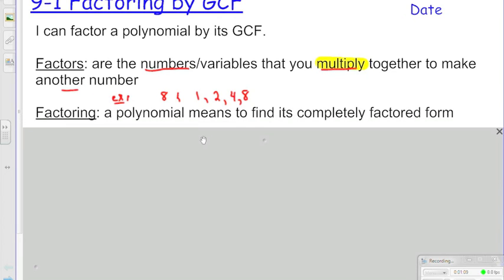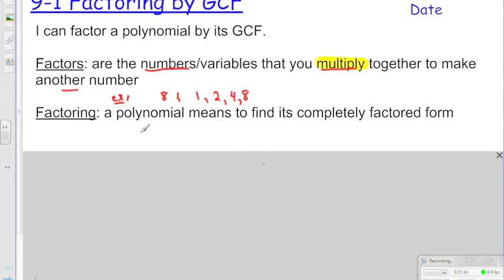Now factoring is when we factor a polynomial, we find its completely factored form. So that means we find all the factors that go into it and break it back down. For our purposes today, factoring is going to be the reverse of distributing.